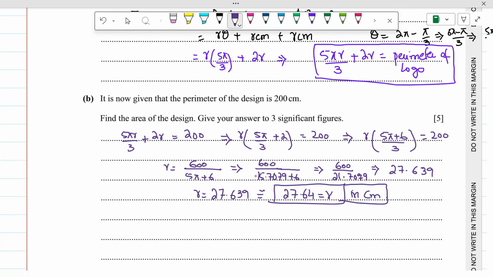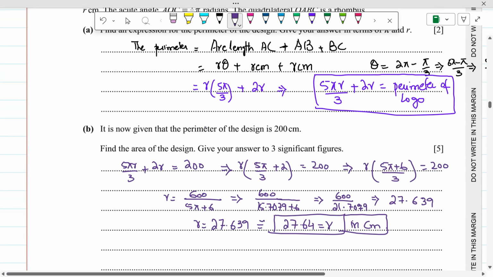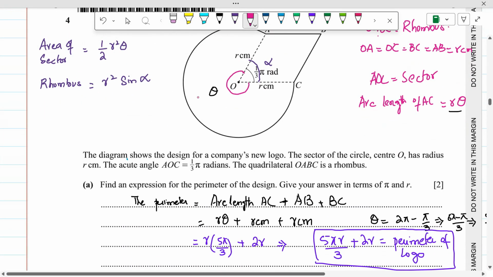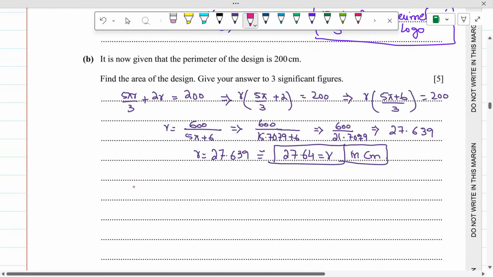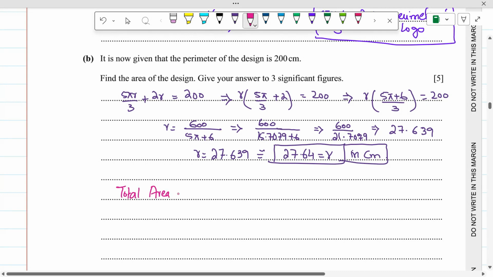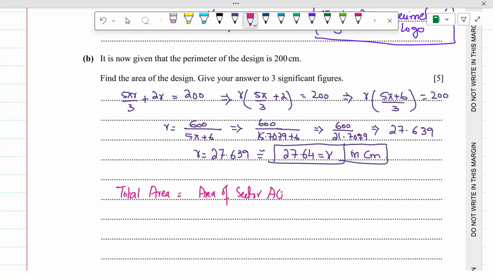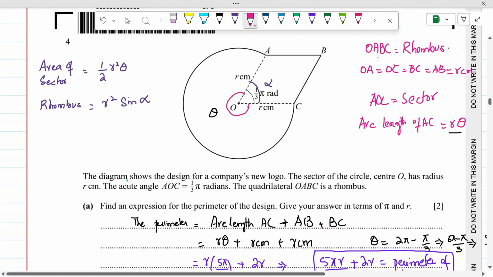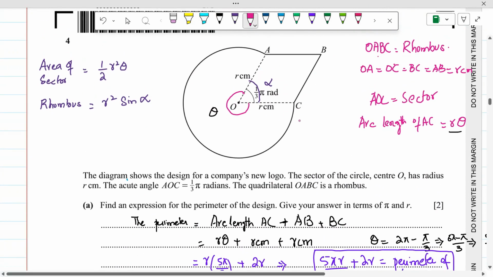We have calculated the radius. Now we need to find the area of the design, and the total area of the design is equal to the area of the sector AOC plus the area of the rhombus, which is OABC.